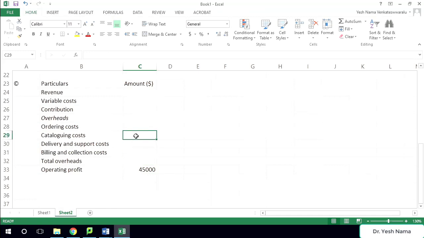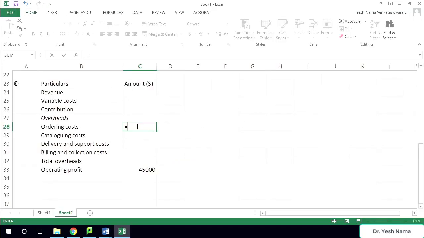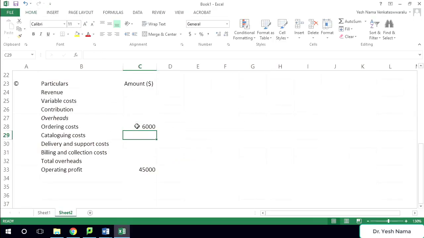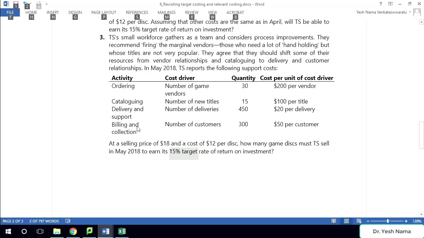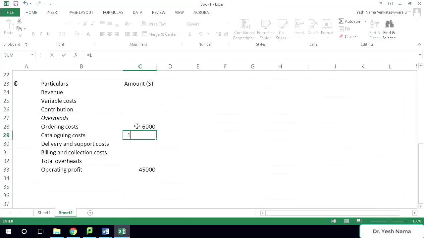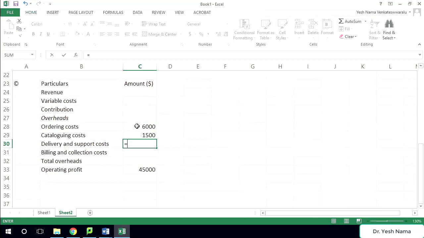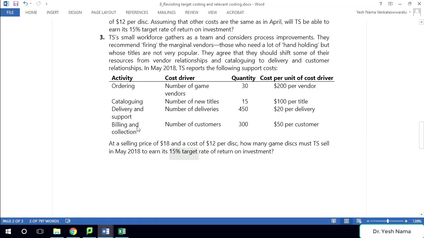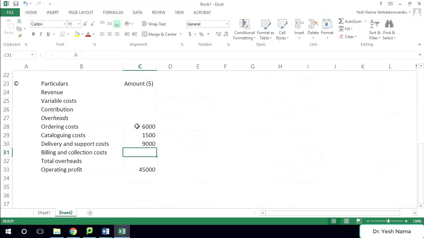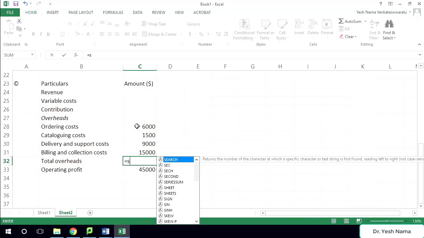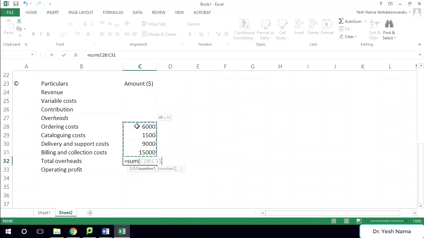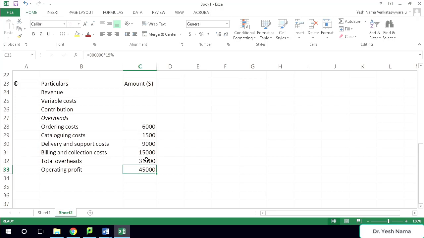Ordering costs, 30 vendors times 200 per vendor. Cataloging, 15 titles times 100 per title. Delivery and support, 450 deliveries times 20 per delivery. And billing and collection, 300 customers times 50. Total: 31,500.